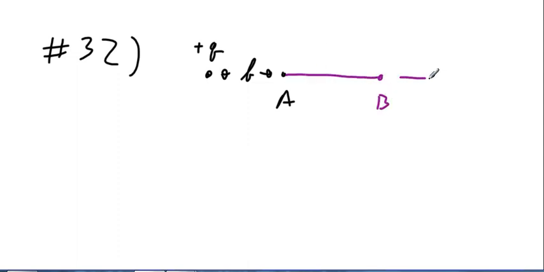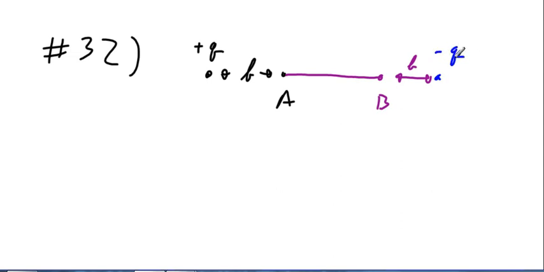So I've got positive Q. I've got a point A, distance b. I've got a point B, another distance b to the minus Q charge.